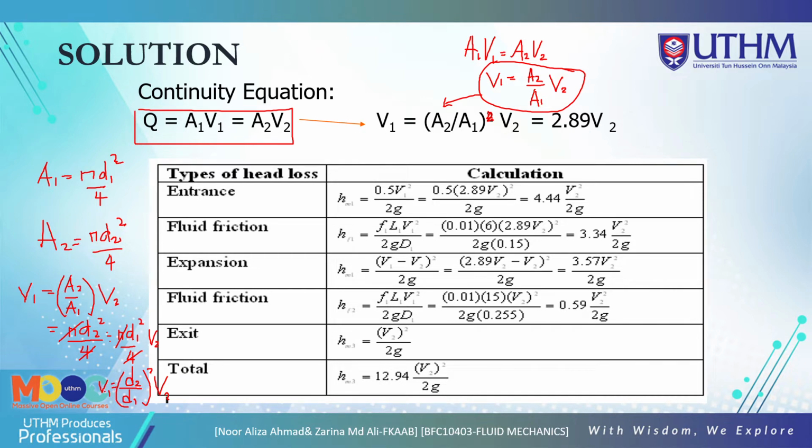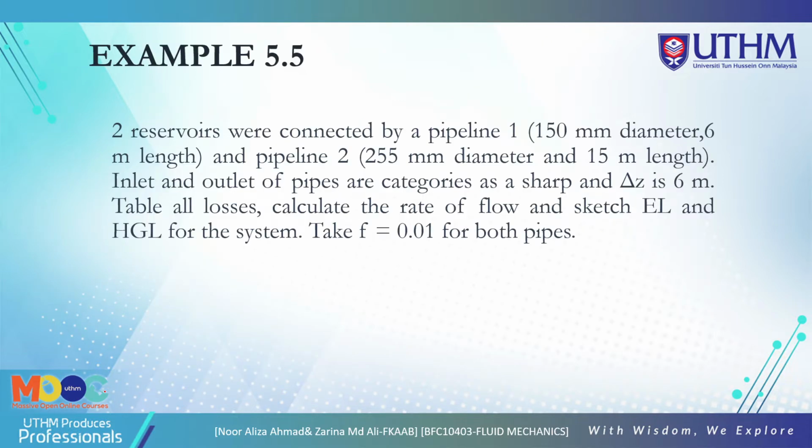Okay, so D1 is based on D2. You know that D2 is 2 mm diameter. So 0.25, 0.255 divided by 0.15.